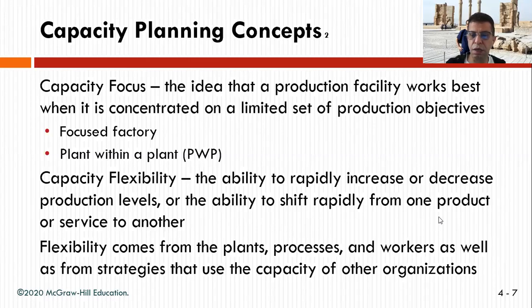And it comes from strategies that use the capacity of others: if you cannot have that flexibility, you can always utilize the capacity of another organization, where you outsource some of your work or some of the process of your work.